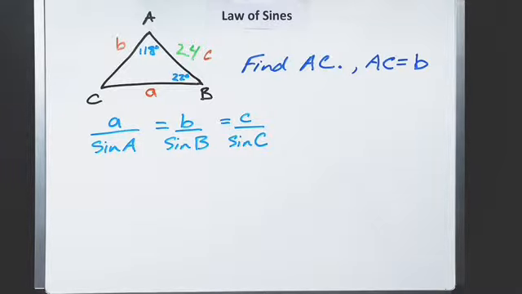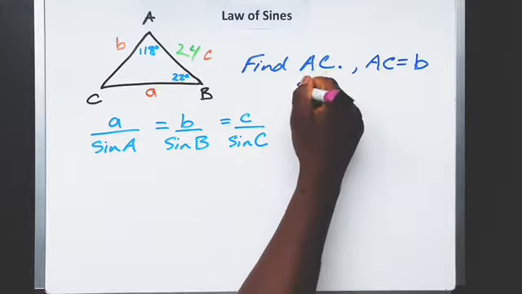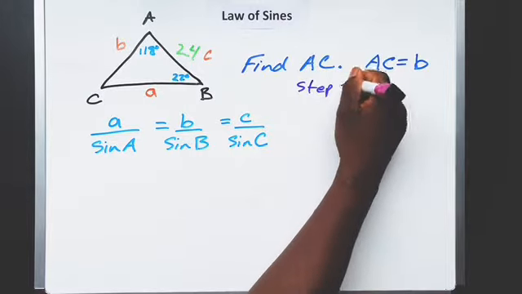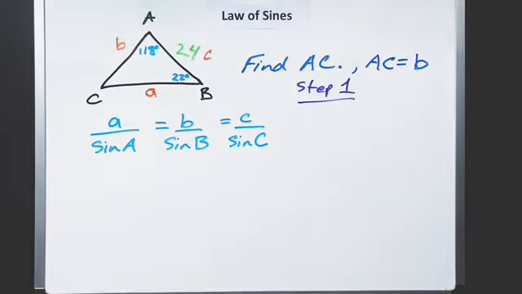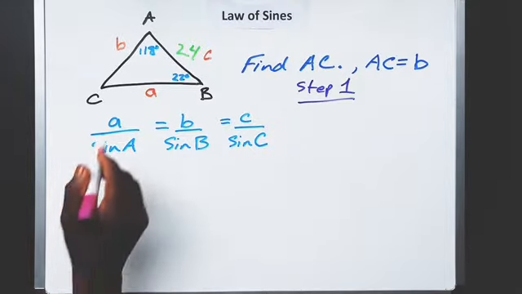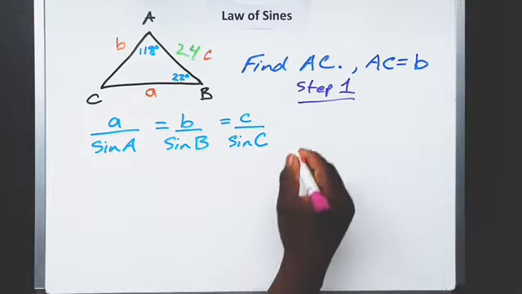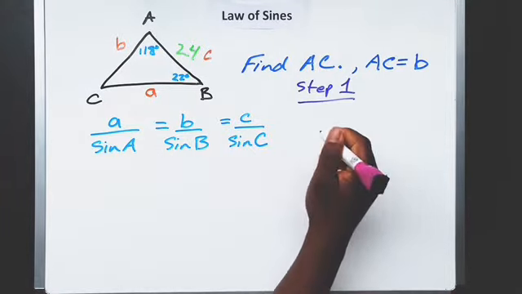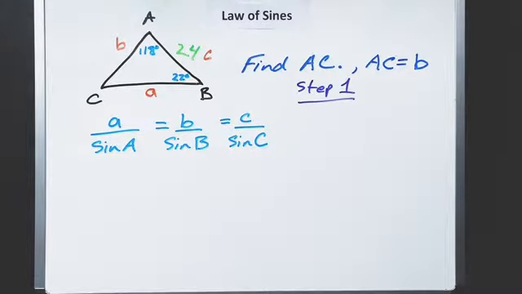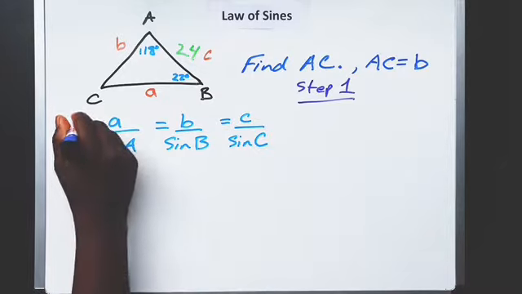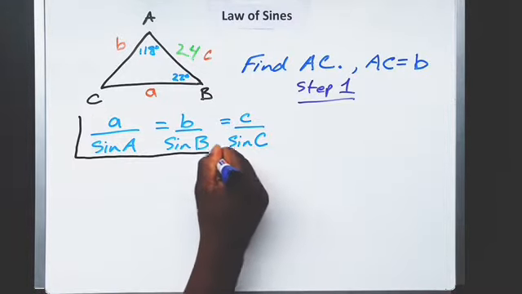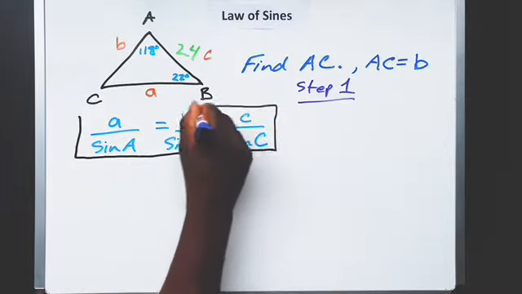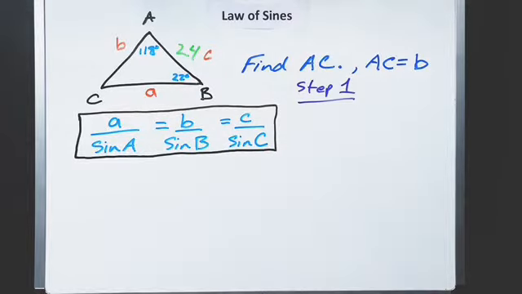I'm going to call this step 1. In this case, we're going to find the measurement of angle C. I'm going to have a lot of work on this board, so let me block some things out here just to keep things clear and separate. That's our formula.